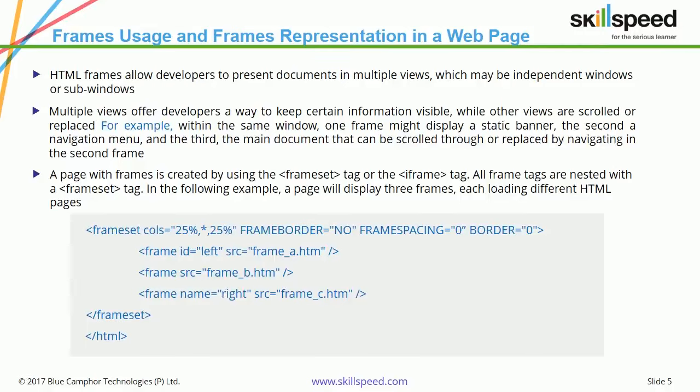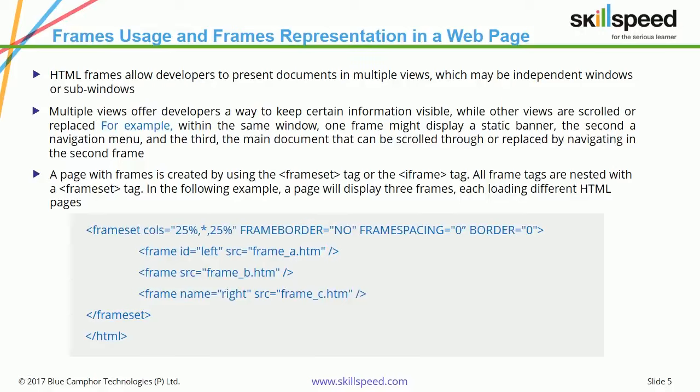So this shows that we have a frameset under which we have 3 frames and each has a different source. So all the 3 frames will load 3 different pages. We can also see from the frameset tag that the 3 frames occupy the space in the format of 25% for the first frame, 25% for the last frame, and the remaining for the second frame.